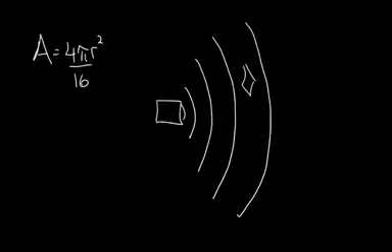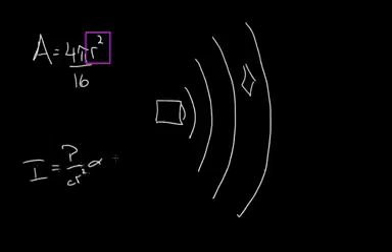What matters is you're still going to have r squared here. And because you're going to have r squared, that intensity of the sound wave is still going to be power divided by something with r squared. So the intensity is going to be proportional to 1 over r squared. It's going to die out like 1 over r squared.